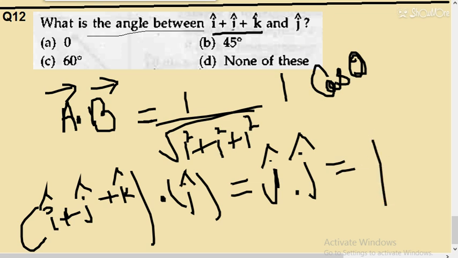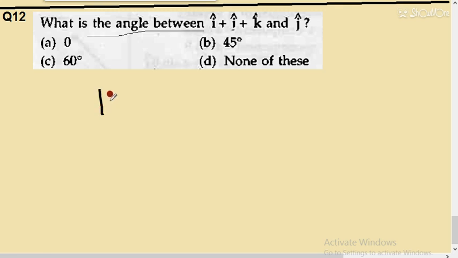So the dot product 1 is equal to the magnitude of A, that is under root 3, times the magnitude of vector 2, which is 1, times cos theta between them.